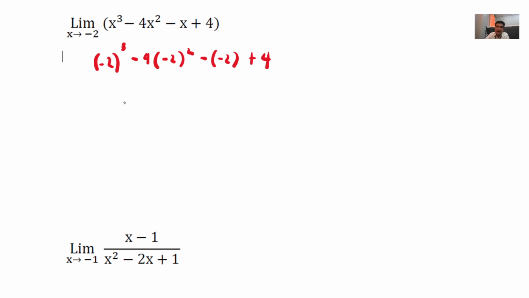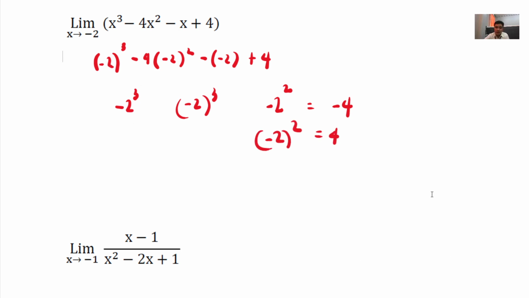Kasi pag nilagay mo sa calculator, negative 2 cube, ganyan lang, iba yan sa (negative 2) cube. Lalo pag square yan, pag even yung exponent. For example, negative 2 square, that is negative 4 ang lalabas sa calculator mo. Pero pag (negative 2) square, that is positive 4 ang lalabas sa calculator mo. Okay? Kaya ilagay nyo yung parenthesis.